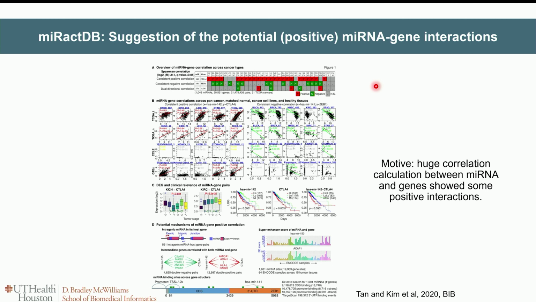Yeah, and this was with one of the colleagues. He found a large number of positive correlations between microRNA and genes. He focused on this analysis in TCGA. Except for this, this is our group led by Dr. Xiaobo Zhou in our center in SCBMI.